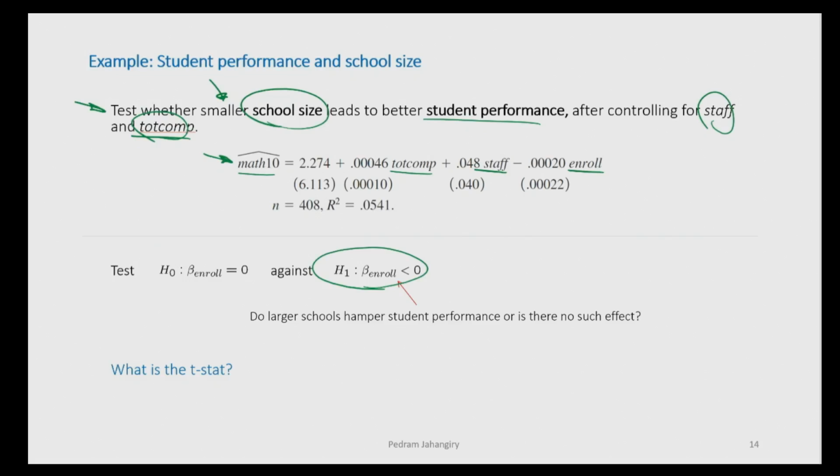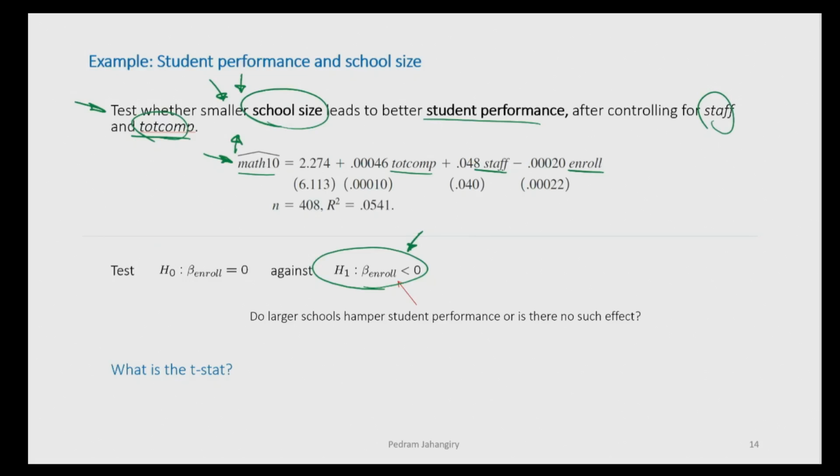Okay, so what I want to show is that beta of enroll is less than 0. Why less than 0? Because I want to say that if the school size is smaller, the performance is higher. So I'm looking for a negative relationship between the number of enrollment or people in the classroom and the math grade.